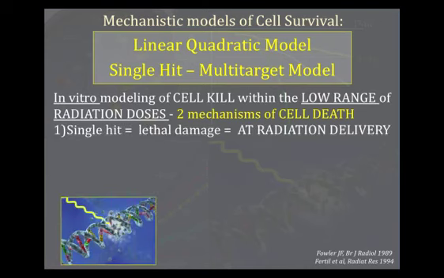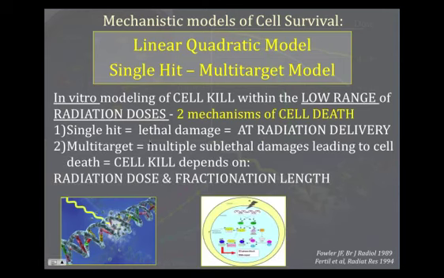First, the single hit, the lethal damage that happens immediately upon radiation delivery. That's what we discussed before. And the multi-target, or multiple sublethal damages that, once accumulated, will lead to a lethal outcome or cell death.